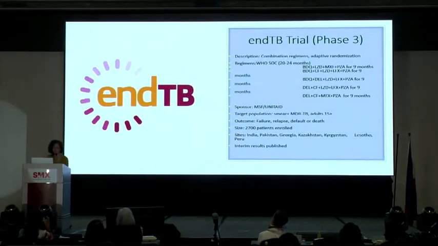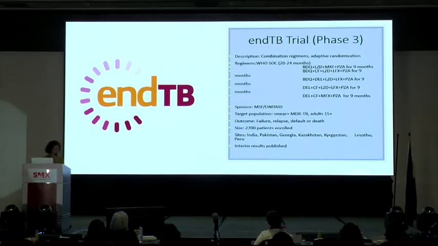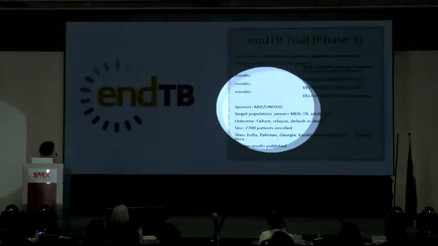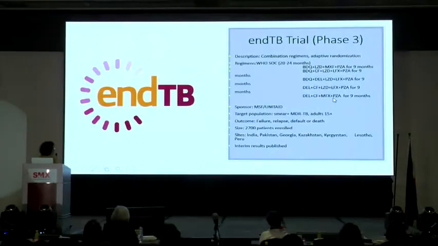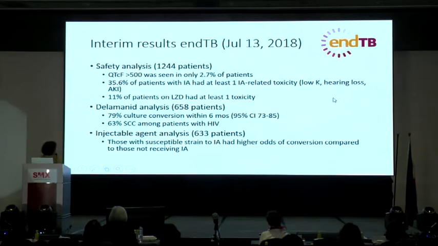And the endTB trial. The endTB trial is an observational study. They've enrolled actually 2,700 patients already, and they're looking at these combinations of regimen. Their interim results, released last year in July 2018, showed a safety analysis.